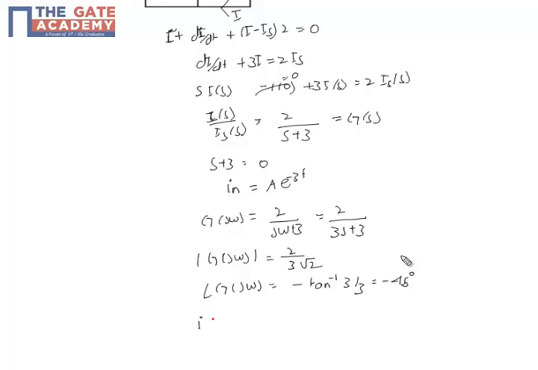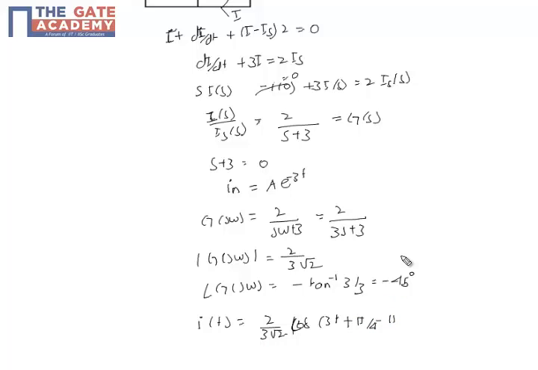So I of t is equal to 2 by 3 root 2 into cos of 3t plus pi by 4 minus 45.